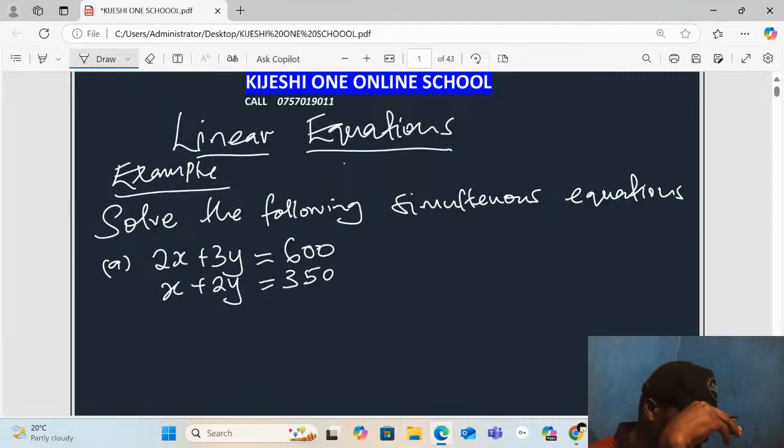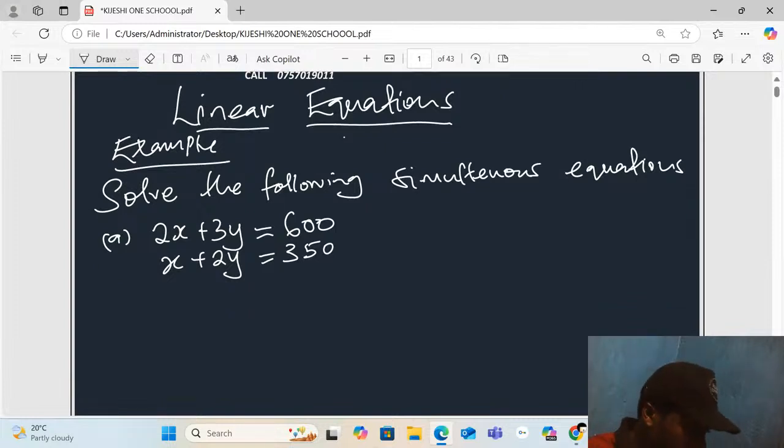Now, we can solve these equations using different approaches. We can use elimination. We can also use the substitution method. We have the matrices method, that is in Form 3, and then we have the graphical method, which is from Form 1.